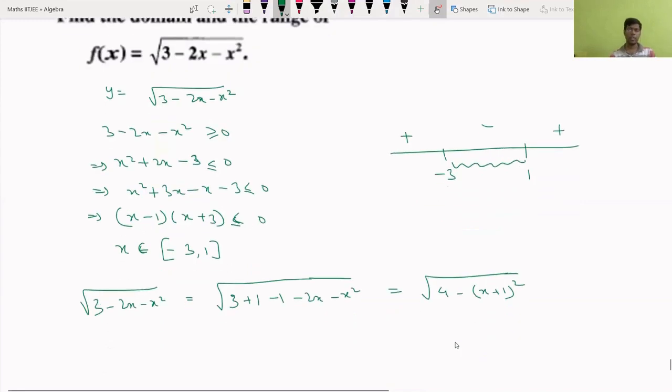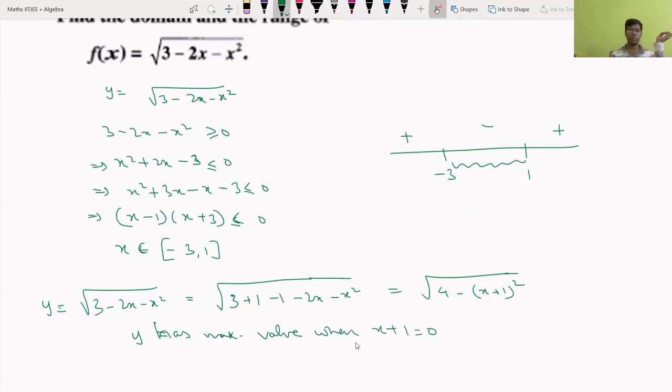So I can say that y has maximum value when x + 1 is equal to 0. And what is that maximum value? It is under root of 4. Also, the square root of something is always greater than or equal to 0. So my range I can write as y belongs to [0, 2].